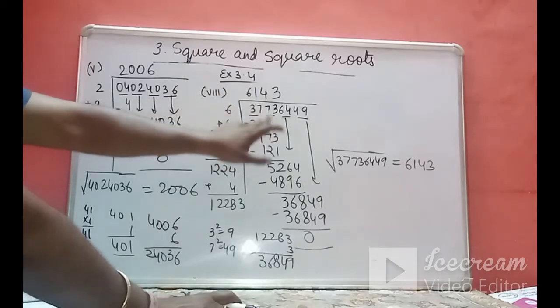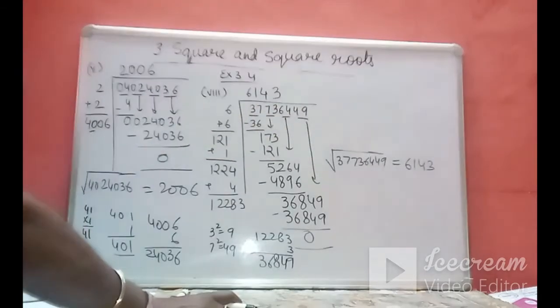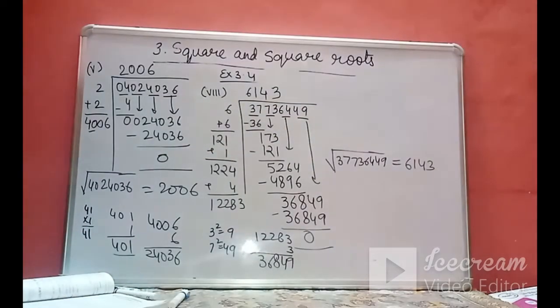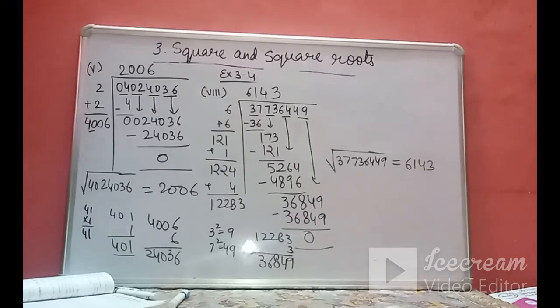So here you can see the utility of this method. I easily got this answer as 6143. Understood? Now we have calculated the square root of these natural numbers by using the long division method. Suppose we want to calculate the square root of the decimal numbers. So let's see the questions.